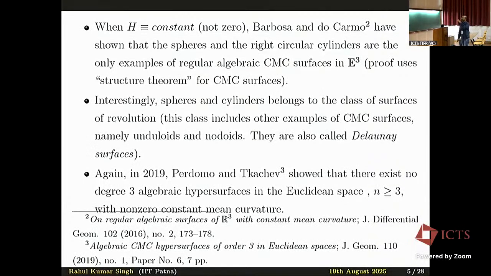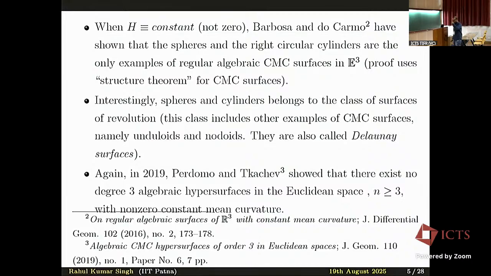Now, again in 2019, the same authors, Perdomo and Cheng, showed that there exist no degree 3 algebraic hypersurfaces in Euclidean space when n is greater than or equal to 3.